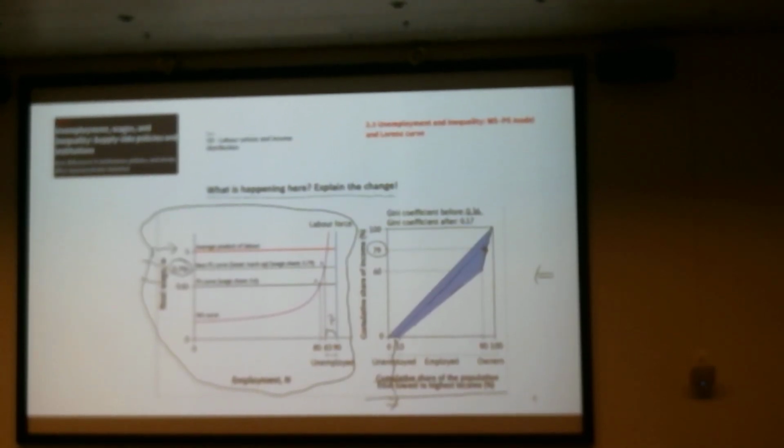And because they have a higher share, then the Gini coefficient is lower. Meaning, when it's going down, it could be 1, the closer it gets to 0, the more equal they are. So there's less differences between the owners and the employed.